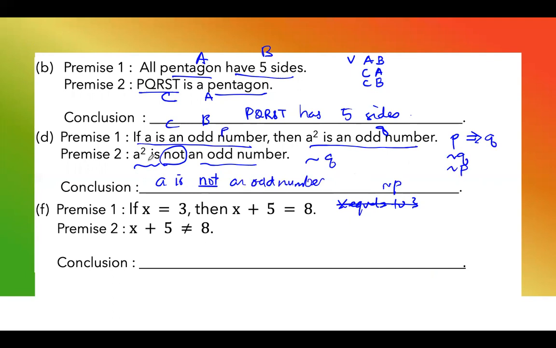Meaning that if A squared is not an odd number, surely A is not an odd number. But if A is not an odd number, A squared is not an odd number can be false. Because A is an odd number, but if A is a negative number, we cannot call it an odd number.